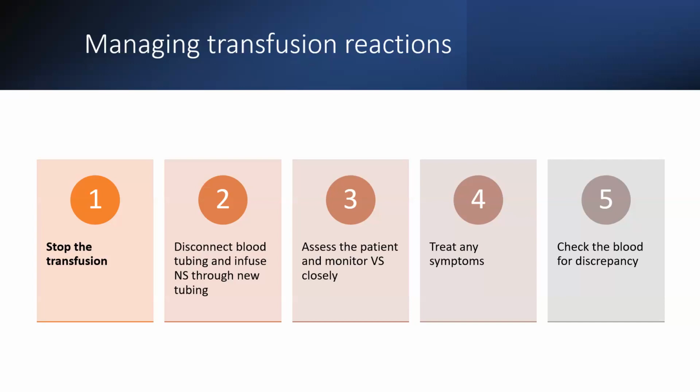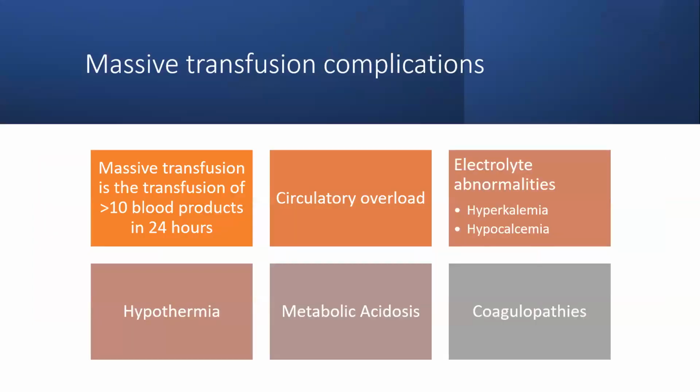Some chronic reactions that I think I forgot to make a slide for are, you can have transfusion related acute lung injury, where the patient has an immune response to that blood and it ends up causing lung inflammation. You get an acute respiratory distress syndrome picture generally, where the patient's having worsened respiratory status.